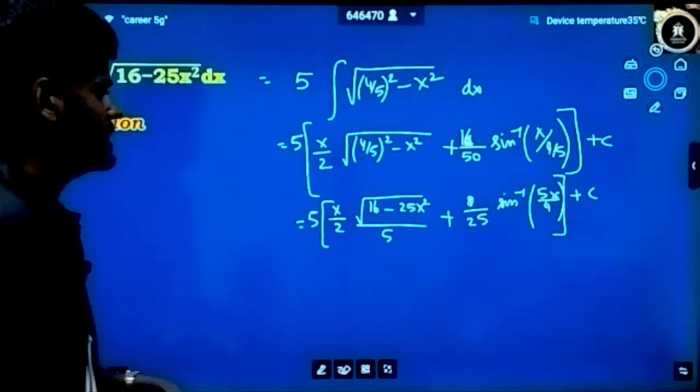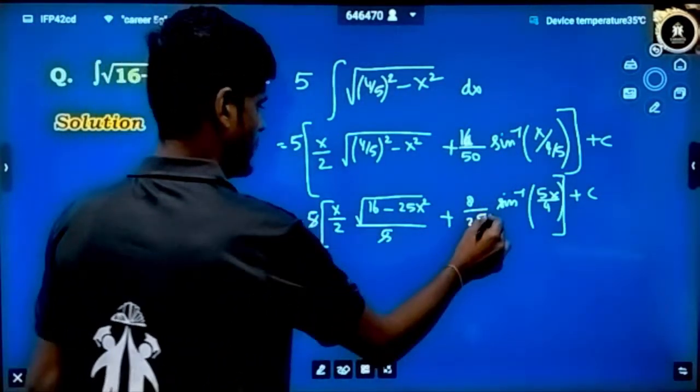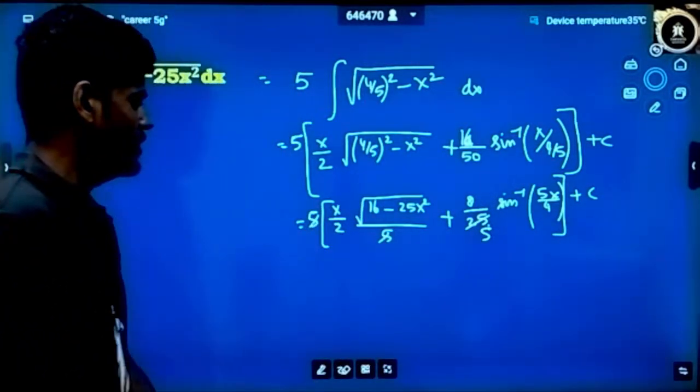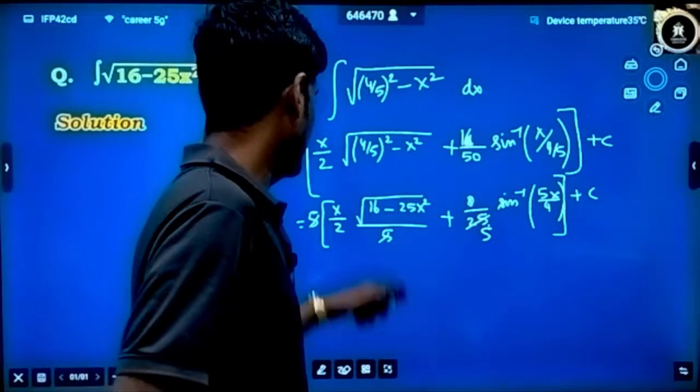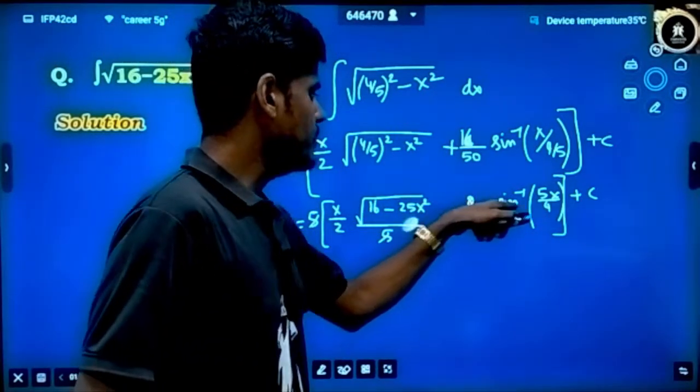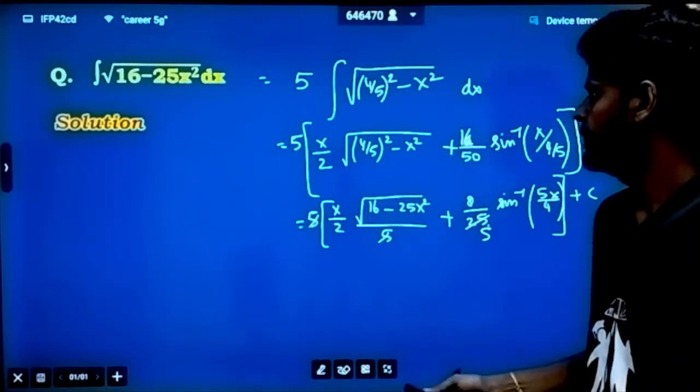Now these 5 will get cancelled. Here we will get divided by 5, so this 5 will get cancelled. Here we will get 5. So the answer is x by 2 square root of 16 minus 25 x square plus 8 by 5 sin inverse 5x by 4 plus constant of integration.